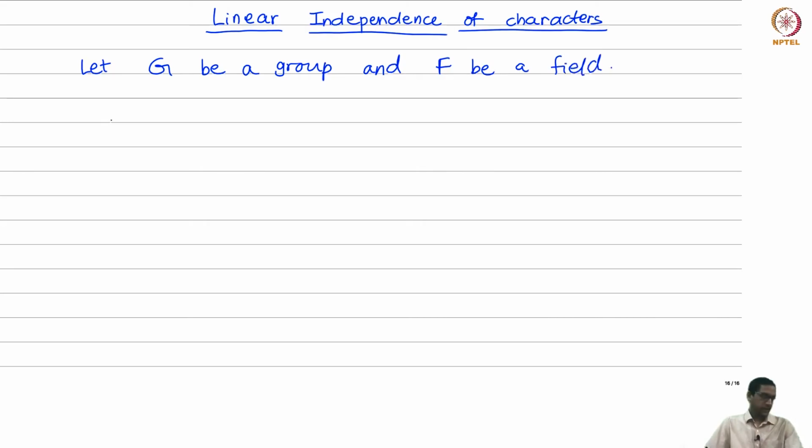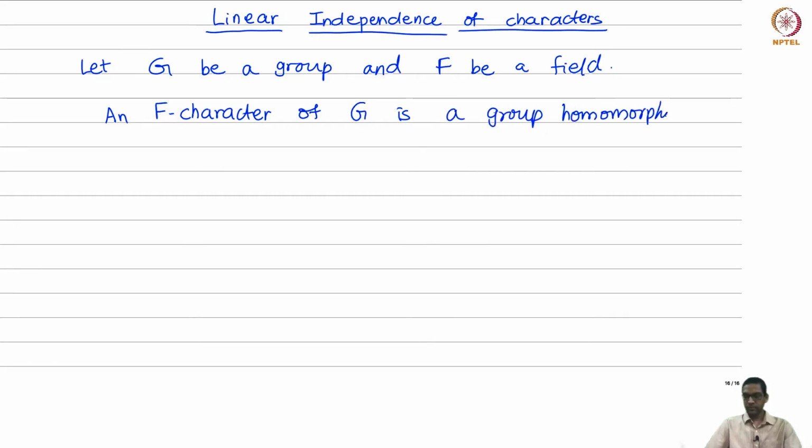By a character we'll mean the following, or maybe just to emphasize the field, an F character of G is a group homomorphism, let's call it chi, from the group G to the group F cross, which is the multiplicative group of the field.